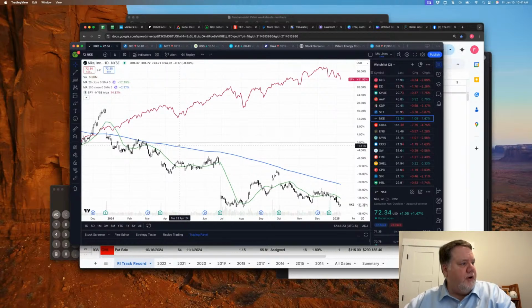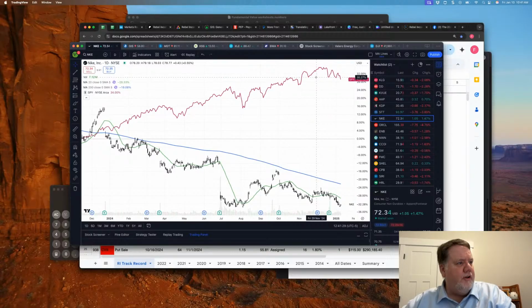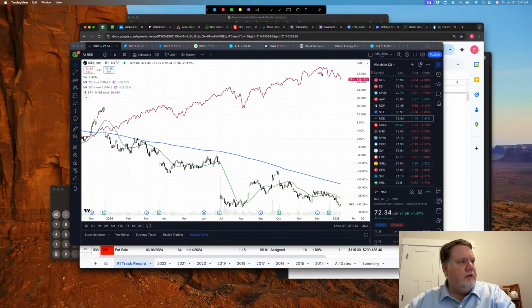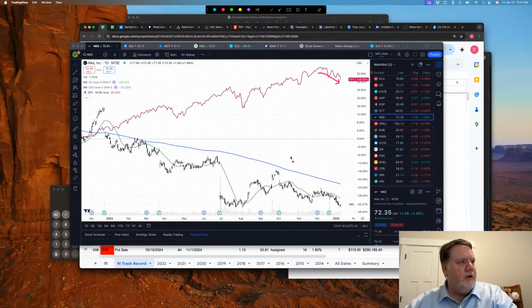So again, pretty severely oversold in the case of Nike relative to the S&P 500. It has been kind of mirroring. If we look here at this pattern, where it bent over and started to retrace, you saw the S&P 500 kind of doing the same thing.